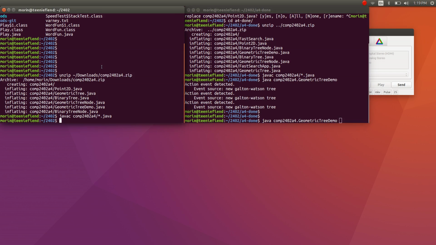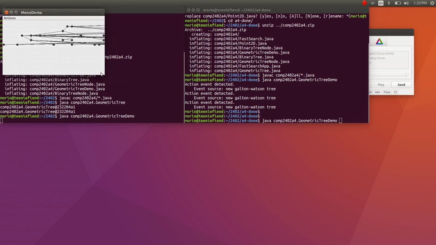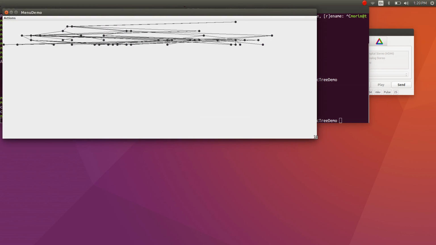There's the version you can download, and in there's a class called Geometric Tree Demo that opens up one of these little windows that looks like those examples I was showing you. There are the drawings of the trees that it's producing right now.